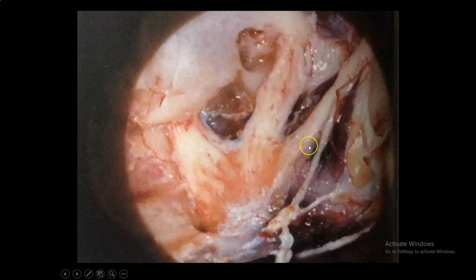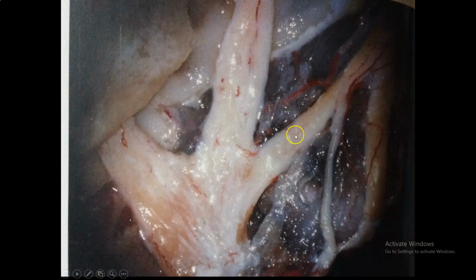You'll find here the V1, here the V2 through the foramen rotundum, and the V3 through the foramen ovale. Another view: Gasserian ganglion, ophthalmic division in the lateral wall of the cavernous sinus. This is Meckel's cave, and this is V2 and V3.